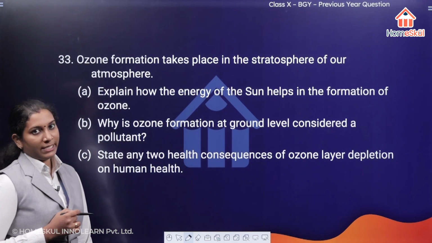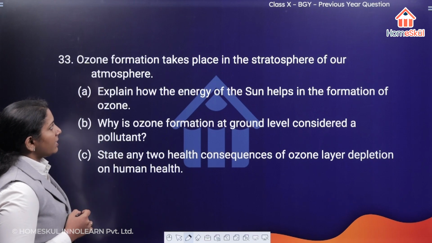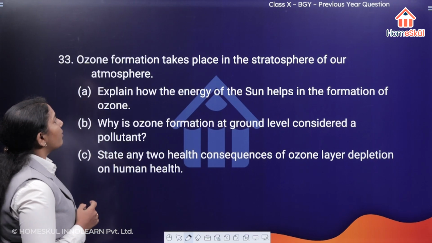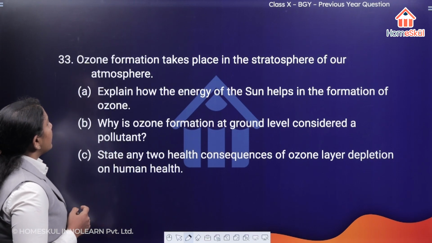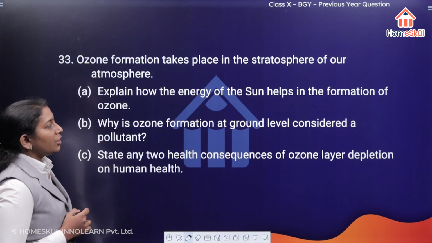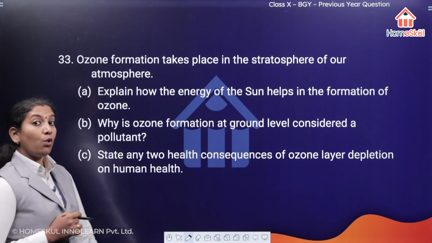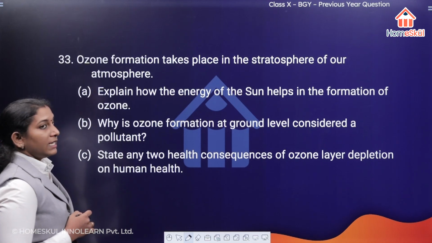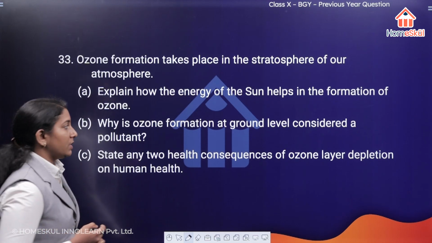Then question number 33. Ozone formation takes place in the stratosphere of our atmosphere. Explain how the energy of the sun helps in the formation of the ozone layer. We know that the sunlight has UV radiations, right?